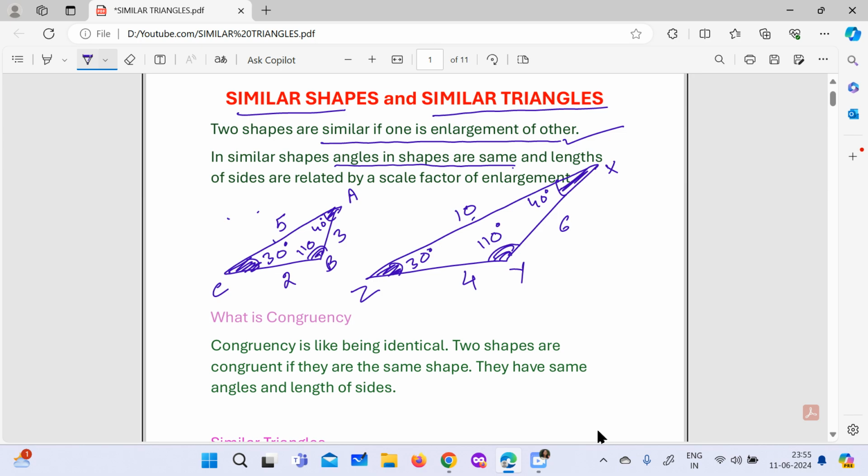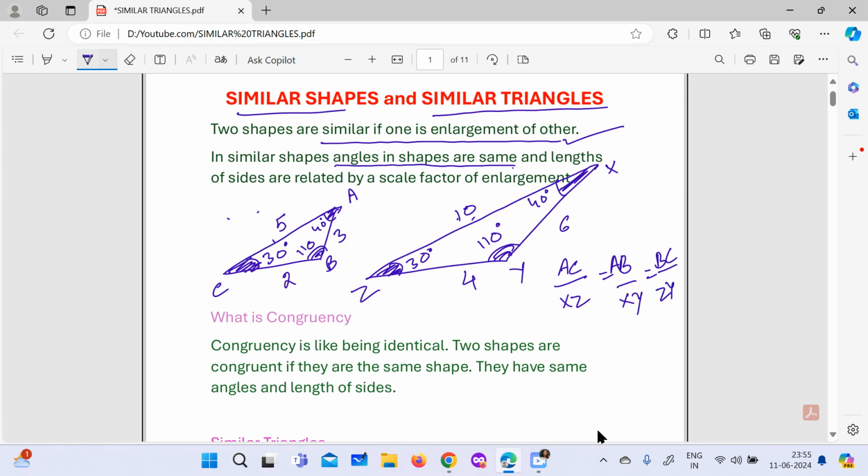In triangle XYZ, XZ is the corresponding side with AC. We always write the ratio of the corresponding sides. So I will say AC upon XZ has to be equal to AB upon XY, which should be equal to BC upon ZY.